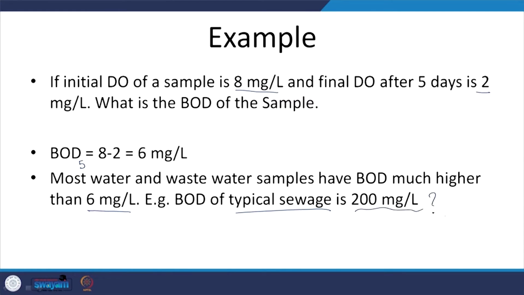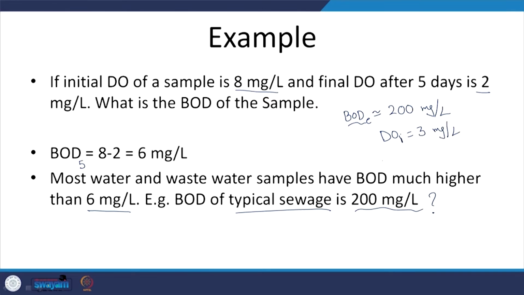So, how do I measure this though? Let us see what the issue is if I try to measure it. Let us say I have wastewater whose BOD is pretty high, 200 milligram per liter. This is the estimated value. I do not know this, I want to measure it, and I know that the initial dissolved oxygen is already low because it is sewage, let us say 3 milligram per liter.